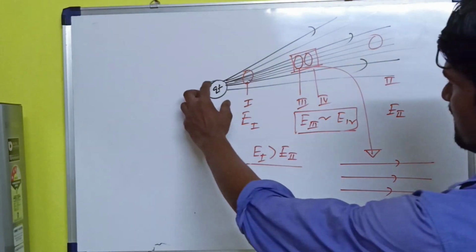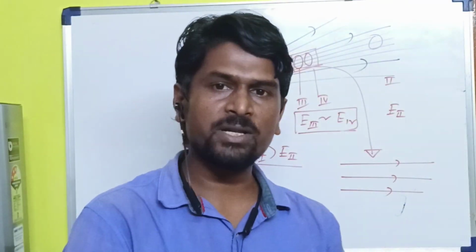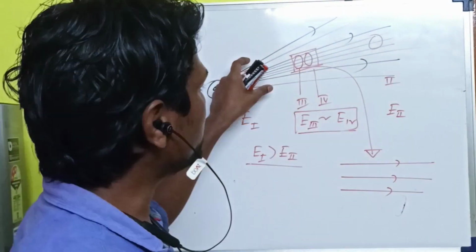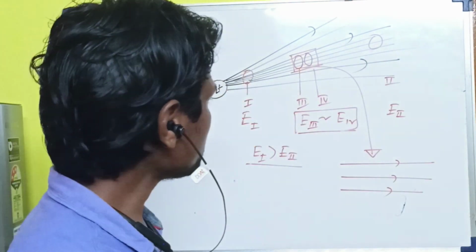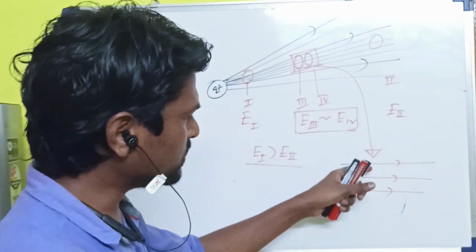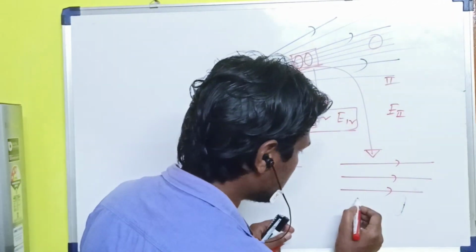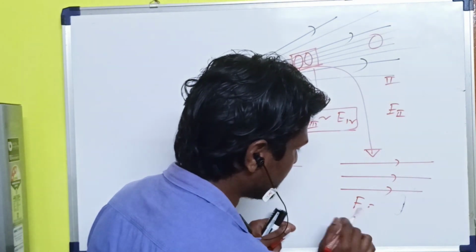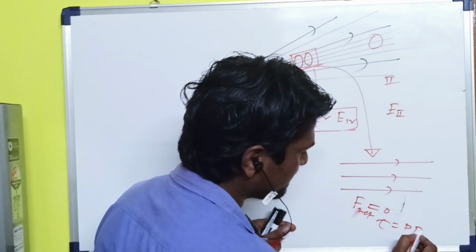These charges create a non-uniform field. If we place the dipole along a uniform field, then the net force is 0, F net equals 0, but the torque is PE sin theta.